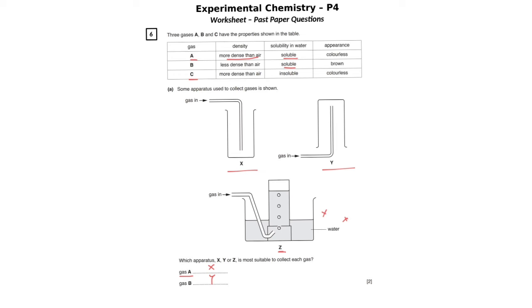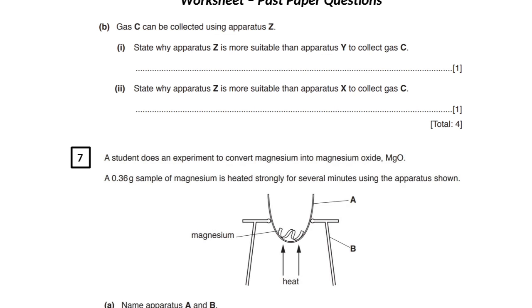But the problem with this is that the gas is colorless, so you will not know when this jar will be full because it is colorless. So that's why we use the apparatus Z for gas C. Okay. So that's what you will write here, that gas C can be collected using apparatus Z.